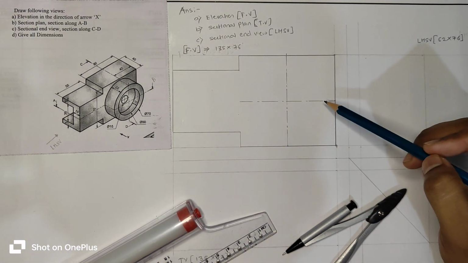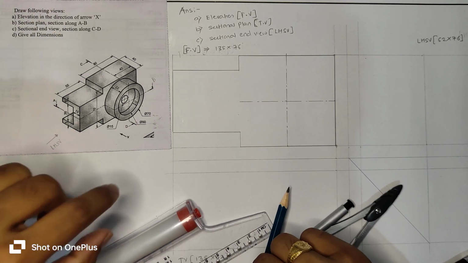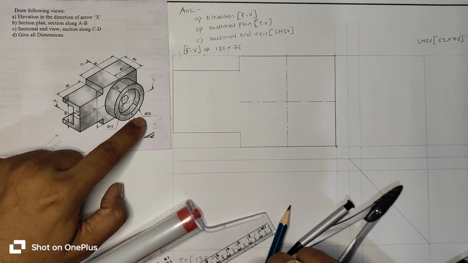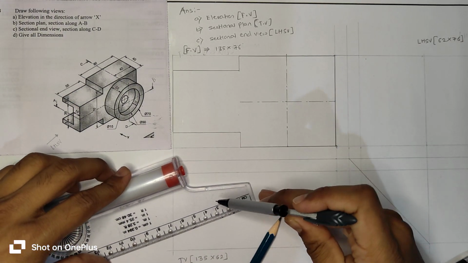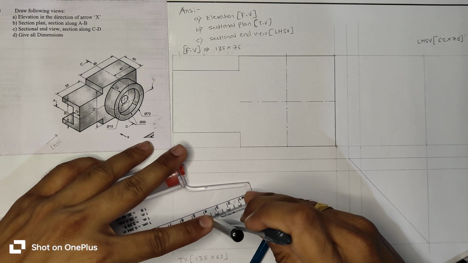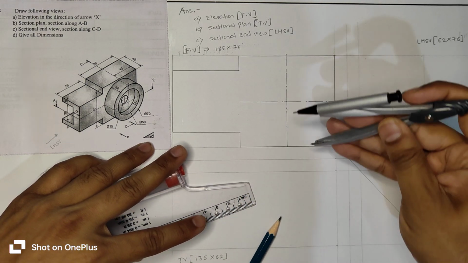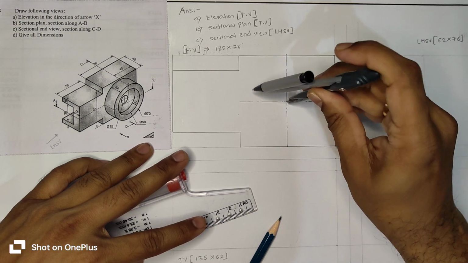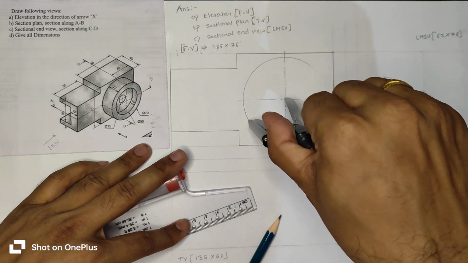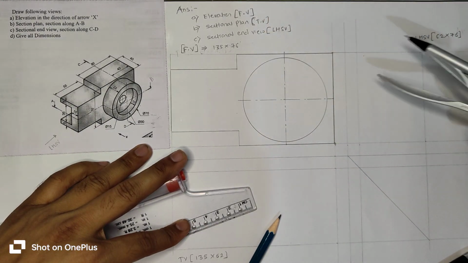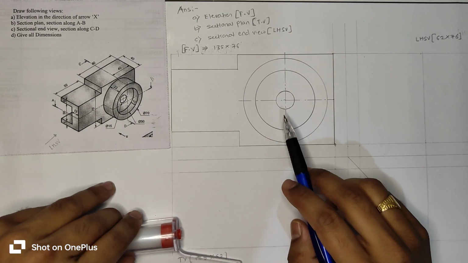Drawn vertical center line and horizontal center line. Then from this intersecting center point, I will draw the outer circle of diameter 70. So radius is equal to 35 mm. So this is the front view.